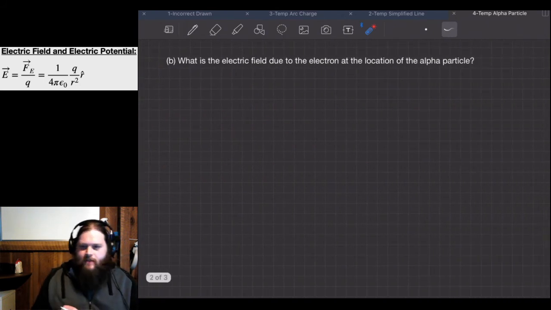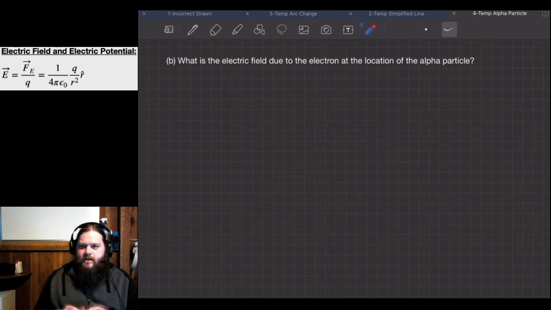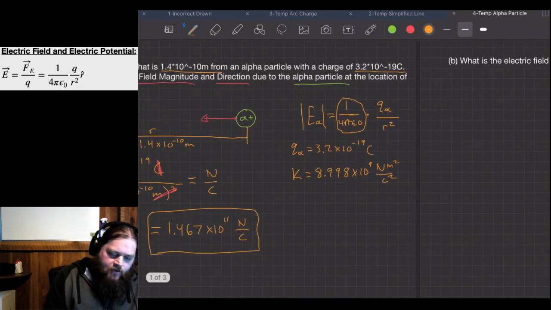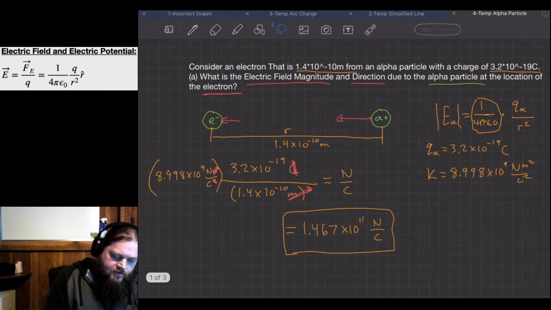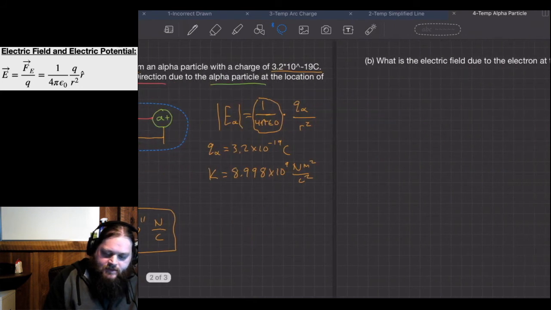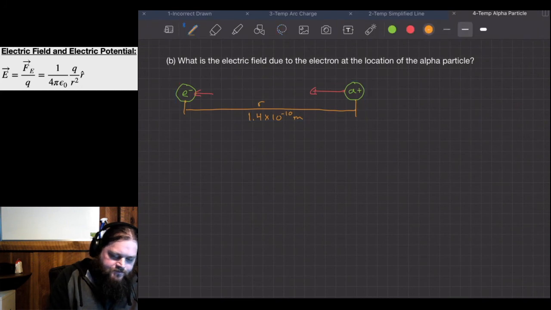The next step is we want to know what is the electric field due to the electron at the location of the alpha particle. This is the same idea as what we just did. It's backwards now. So the drawing from our same picture, if I grab this guy, I can even do a little copy, because it's the same situation, but now we're looking at it the other way around.